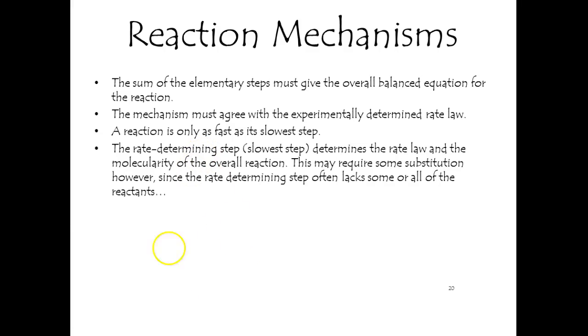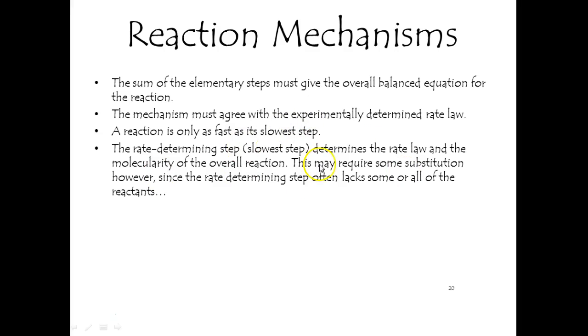Now here's an important thing that really shows up when people ask the tough sorts of problems. The rate determining slow step determines the rate law and the molecularity of the overall reaction. That's a case where you can see if it's first order, those coefficients do become exponents.